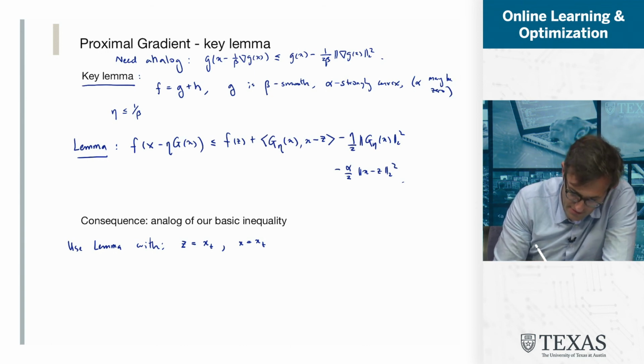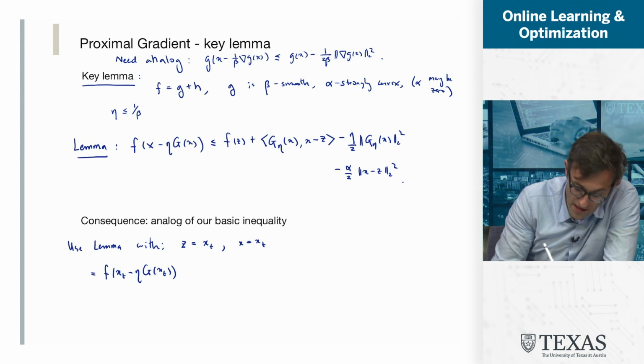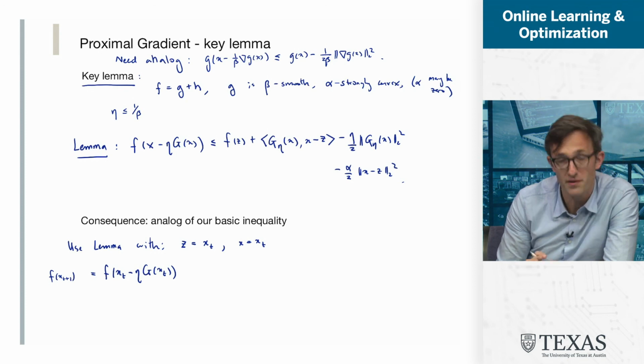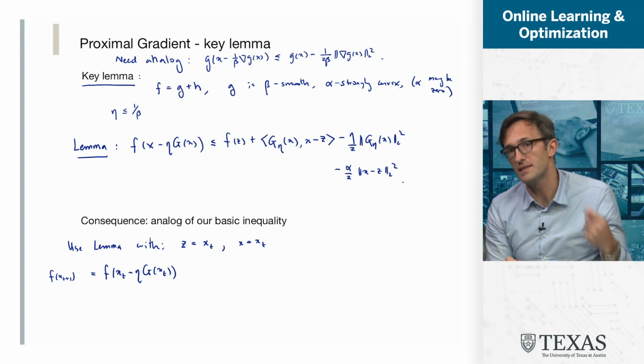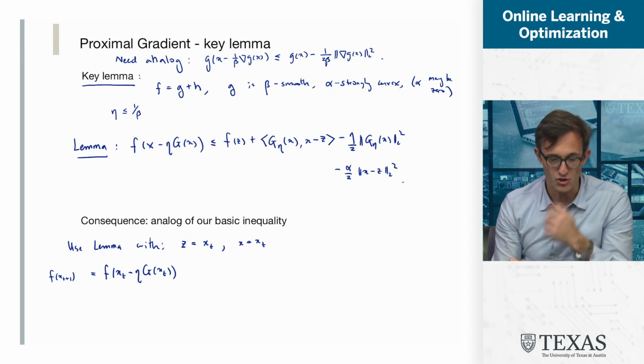This lemma says that f of xt minus eta g eta of xt, this is also known as f of xt plus 1. Remember, this was our whole definition. The whole reason we defined this complicated thing called the gradient mapping was that I wanted xt plus 1 to just be xt minus eta g eta of xt.